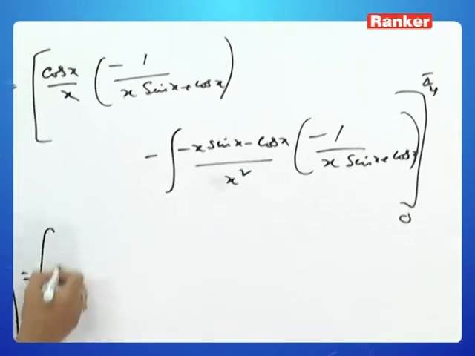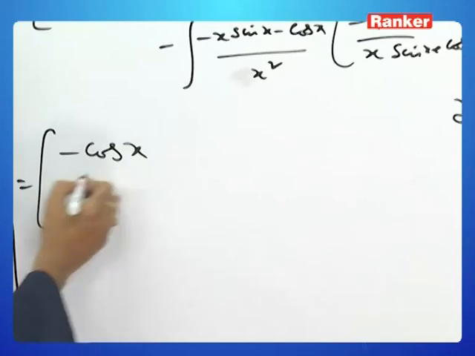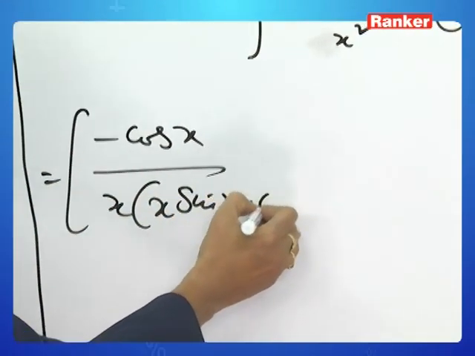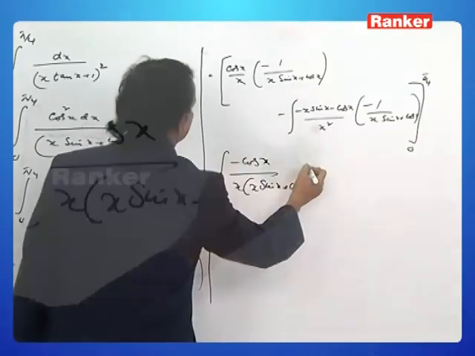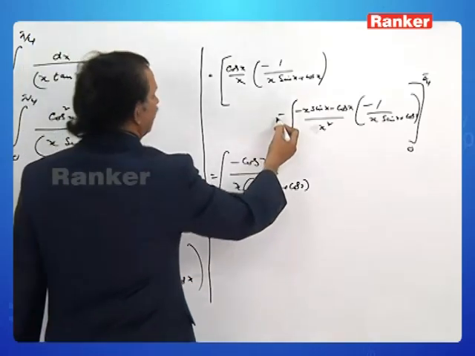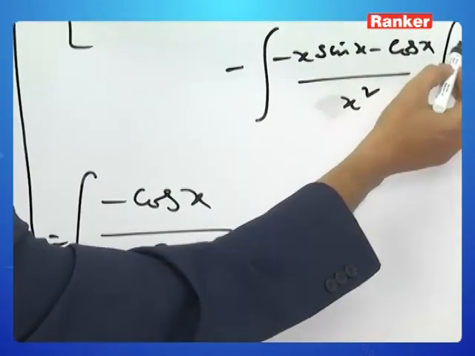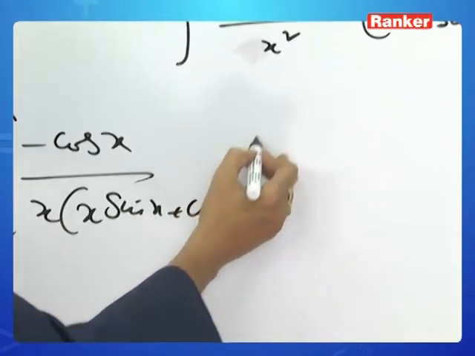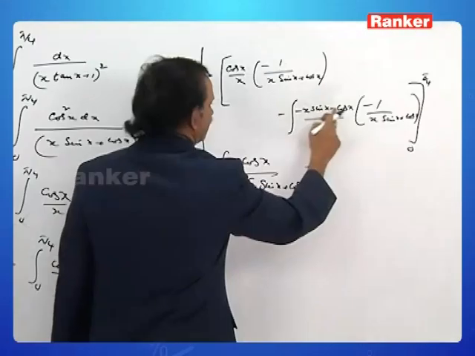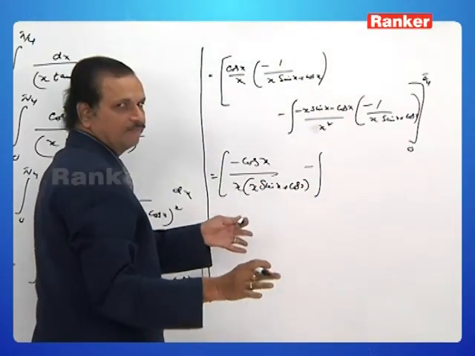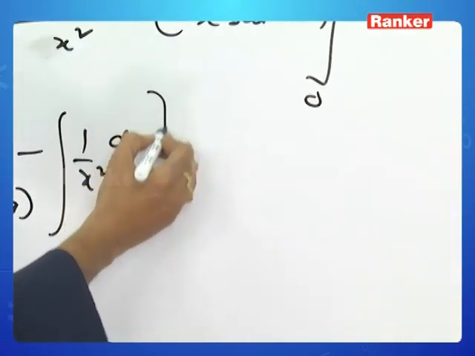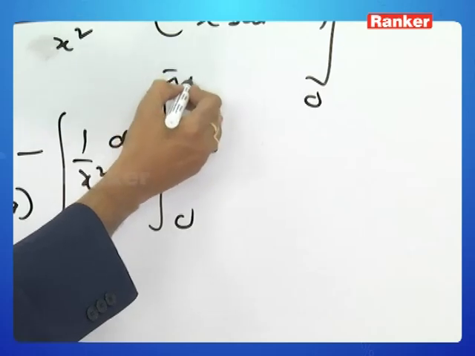Altogether this is minus cos x by x into x sin x plus cos x, minus the integral of x sin x plus cos x, x sin x plus cos x, they go away, leaving you 1 by x square dx between the limits 0 to pi by 4.